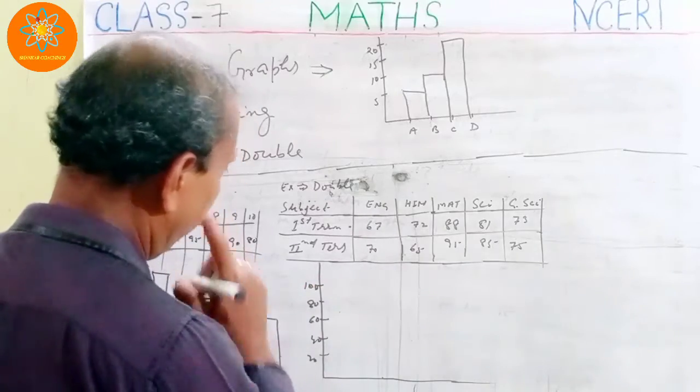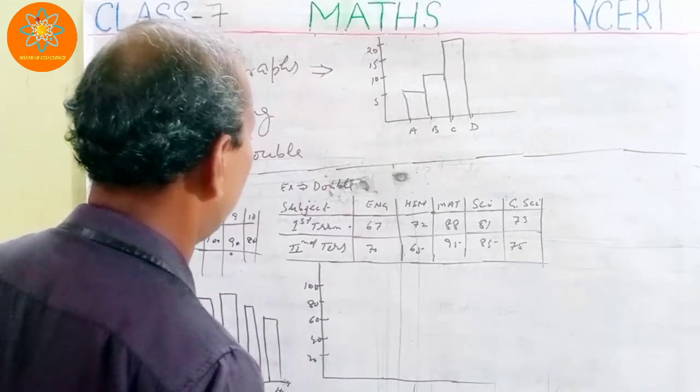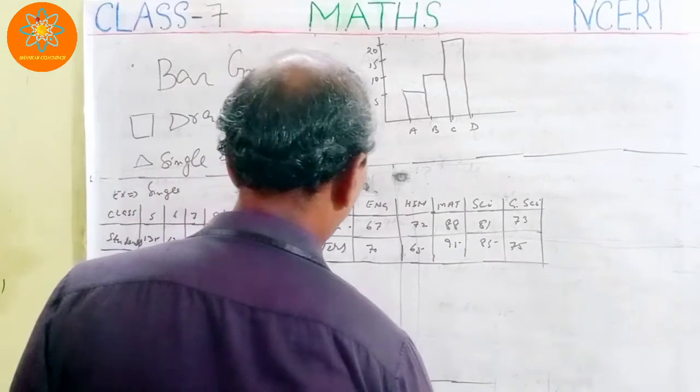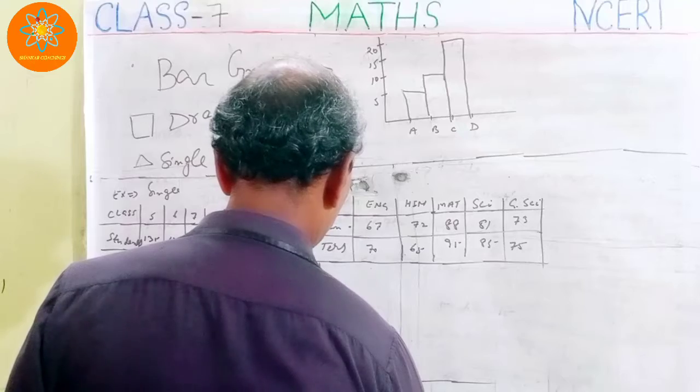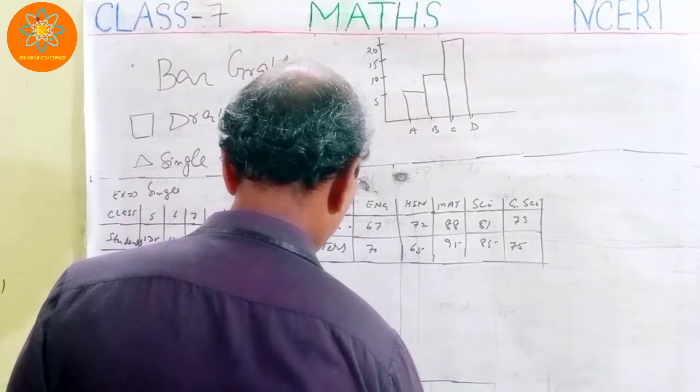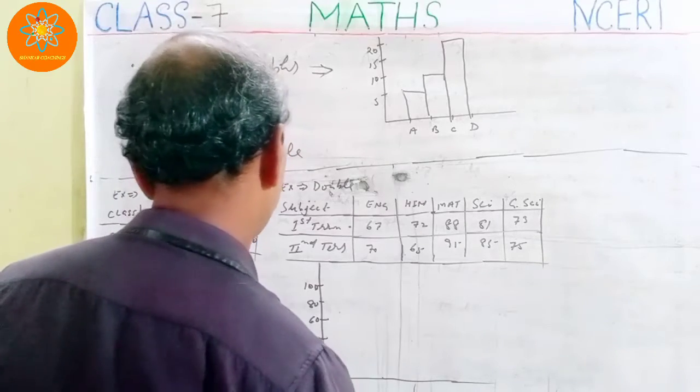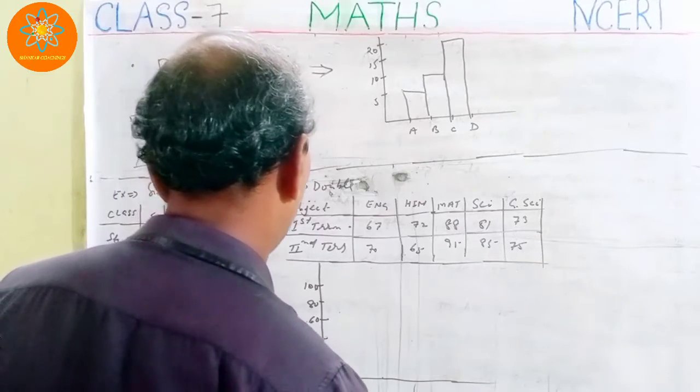Now we want to draw the double bar graph. Let's suppose this is your English. How much is it? 67 and 70.